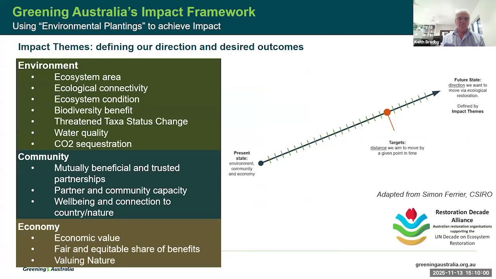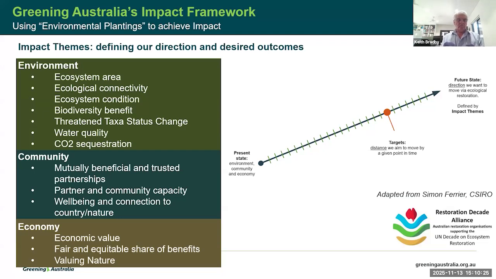Next slide, please. So when Greening Australia thinks about carbon sequestration, it's important to note that as well as seeking to achieve emissions reduction, we're using carbon sequestration and that functional market as a means of achieving some of our other core objectives around environment and community.